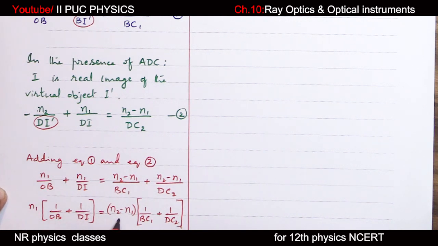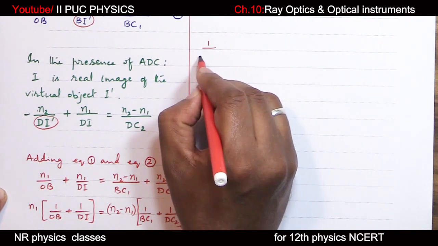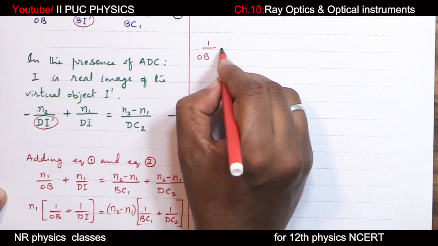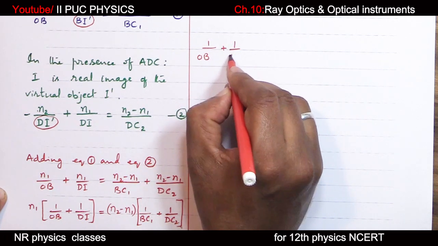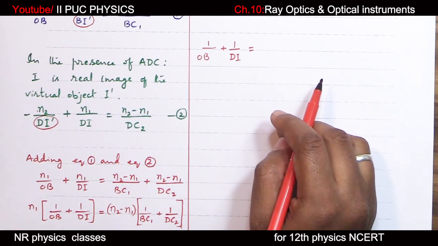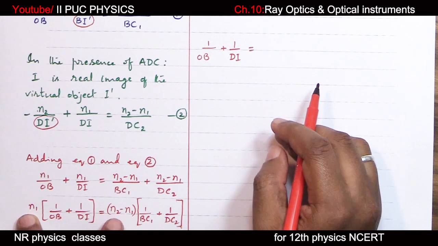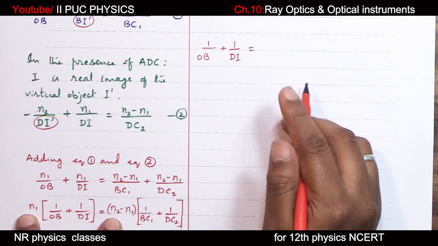Take N1 to the other side. So 1 by OB plus 1 by di equal to, take N1, bring it down below N2.